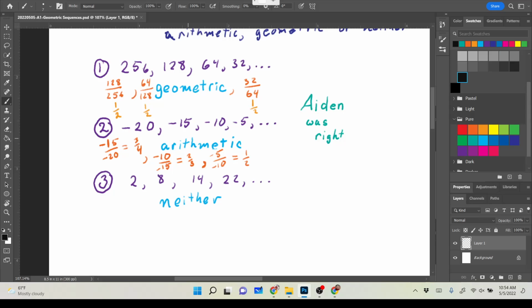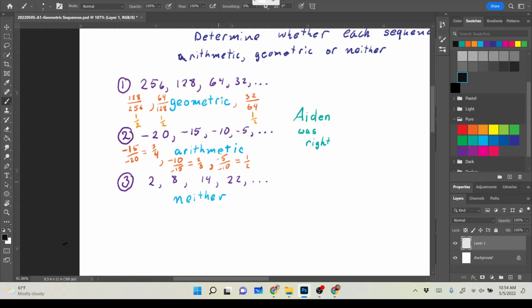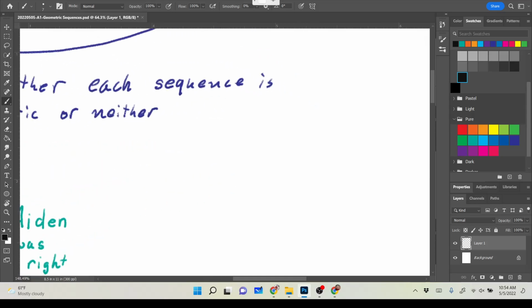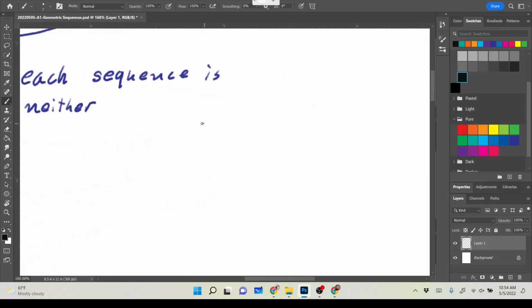If they have the same ratio. These are all halved. Another example of a geometric sequence would be 3, 9, 27, and then whatever comes after that.